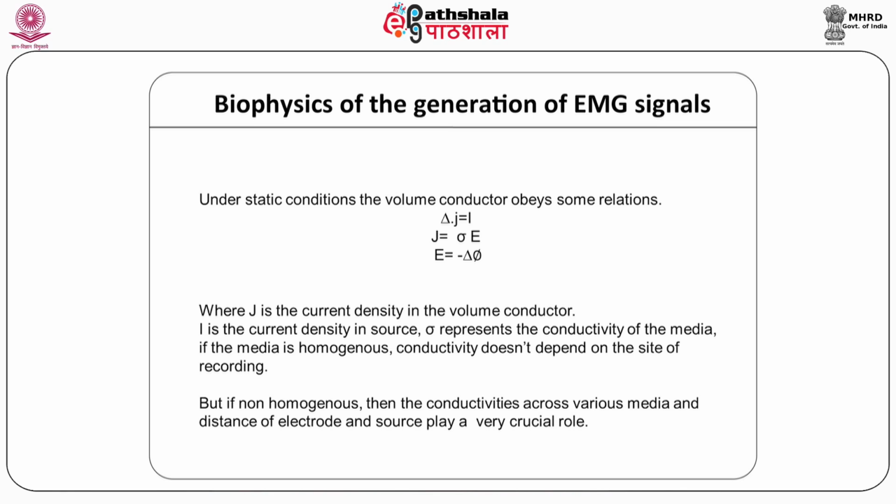Under static conditions, the volume conductor obeys some relations which are given in the text, where J is the current density in the volume conductor, capital I is the current density in the source, and sigma represents the conductivity.